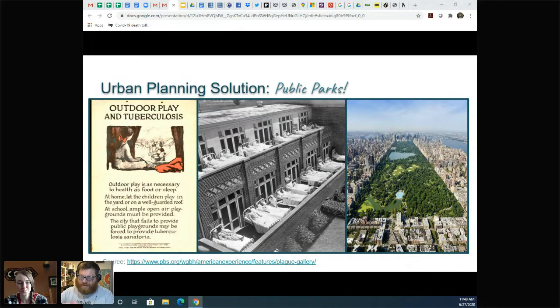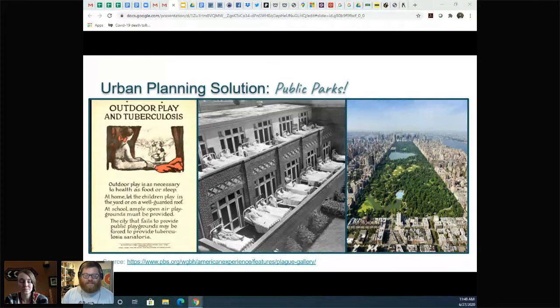So there were these massive public health campaigns about getting kids lots of time outside. In New York City, they had what were called baby boxes or baby cages, metal cages that they would secure on the outside of windows, and you'd put your baby out there.